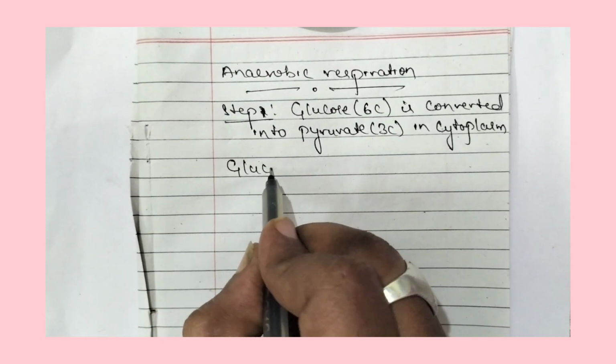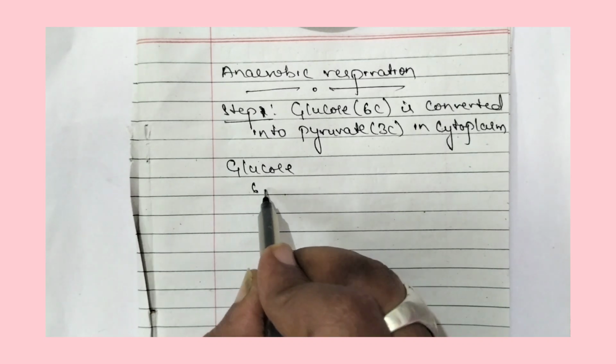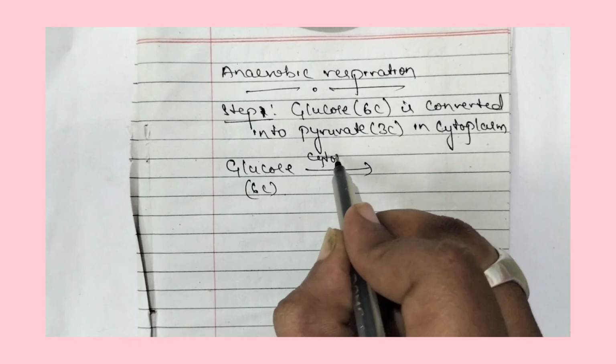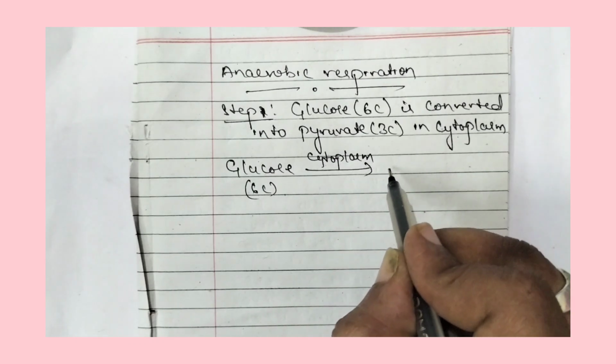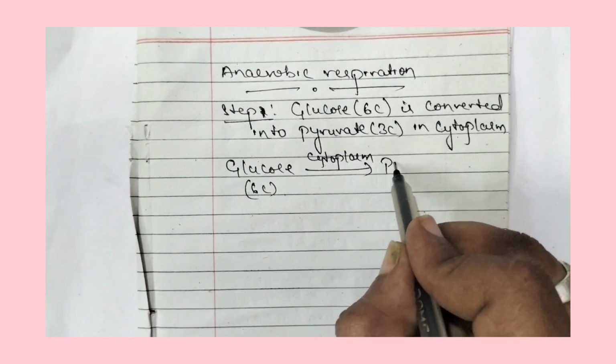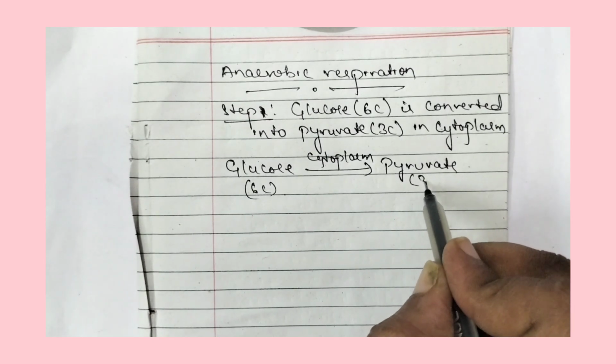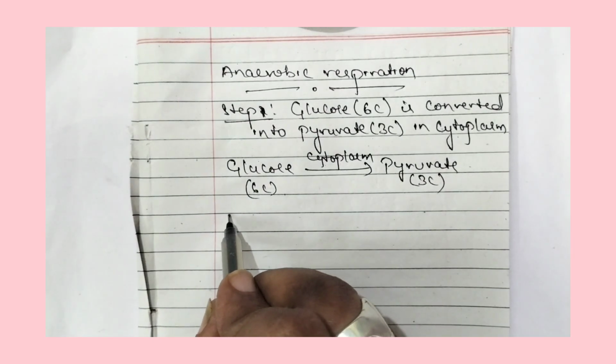So glucose, which is a 6-carbon compound in the cytoplasm, is converted into a 3-carbon compound called pyruvate. Then step number 2.